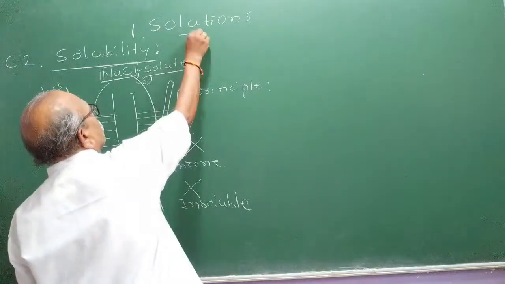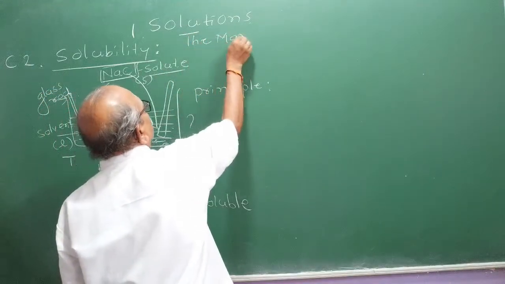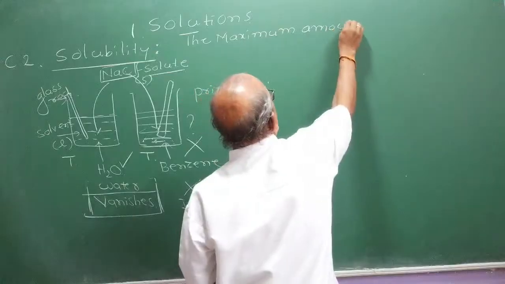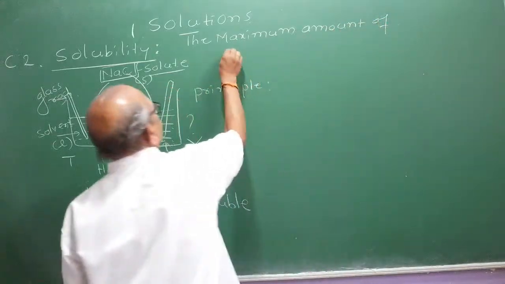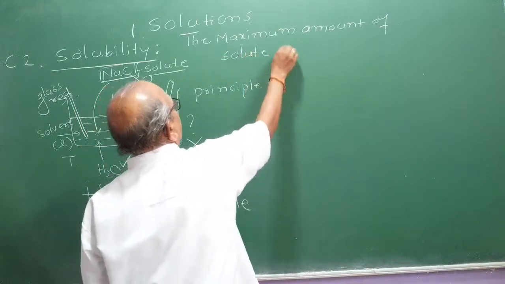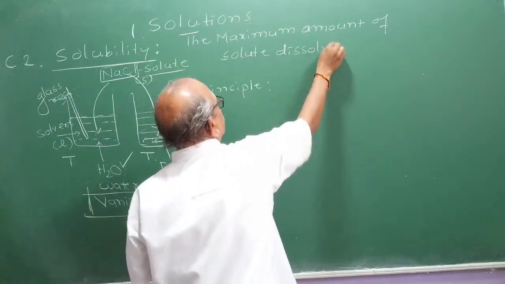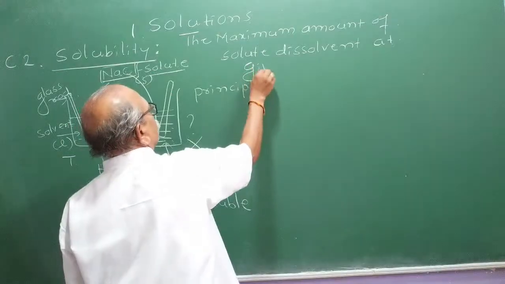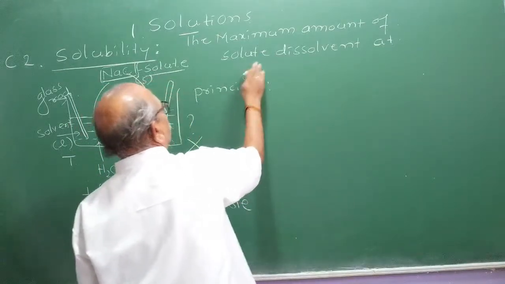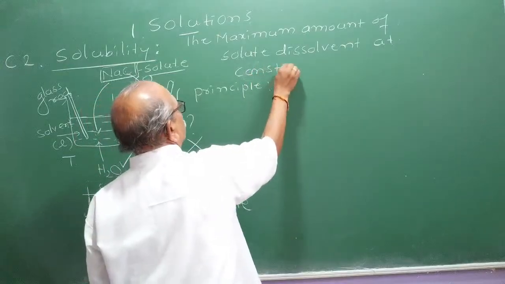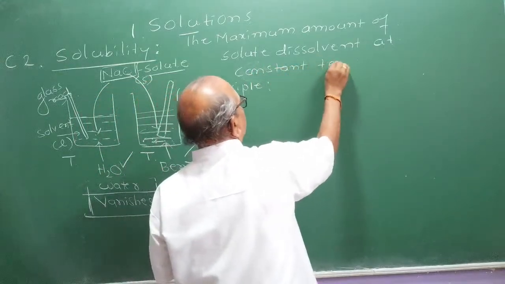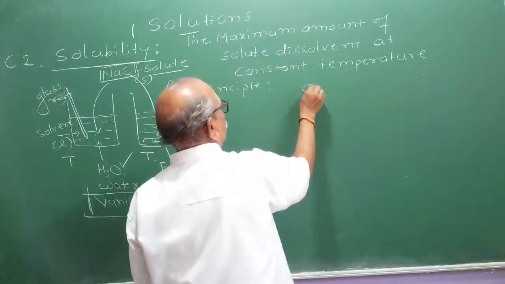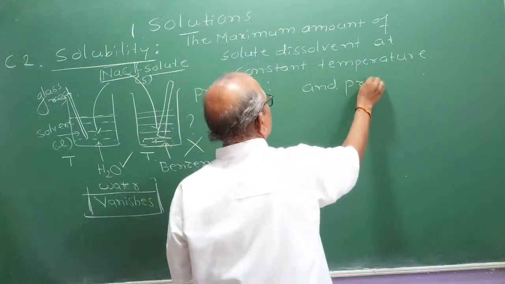Solubility is the maximum amount of solute dissolved in a solvent at constant temperature and pressure, because solubility depends on two factors.